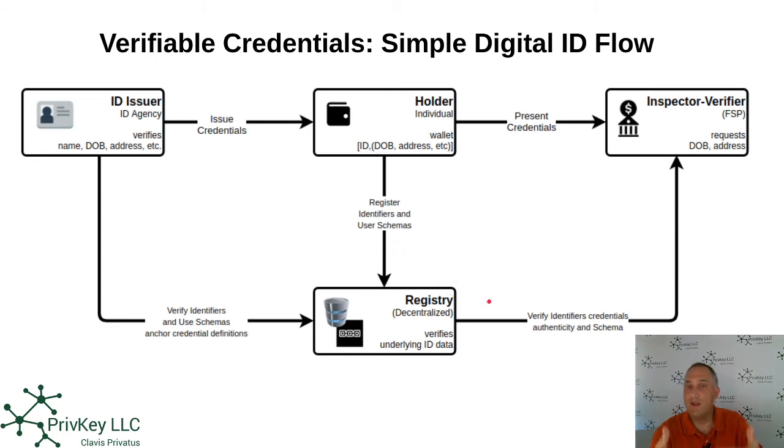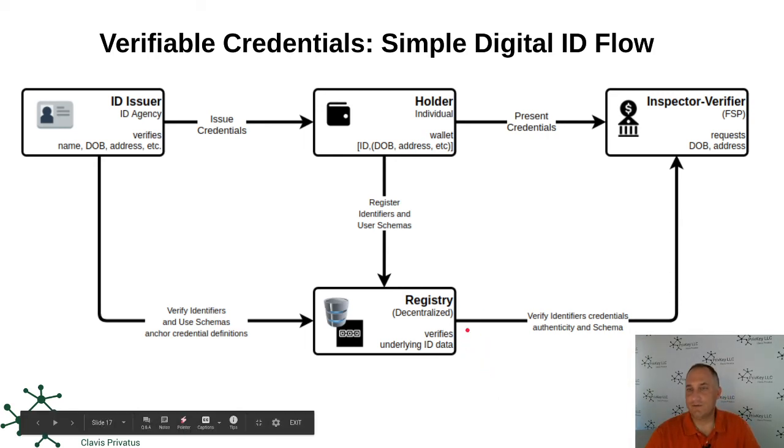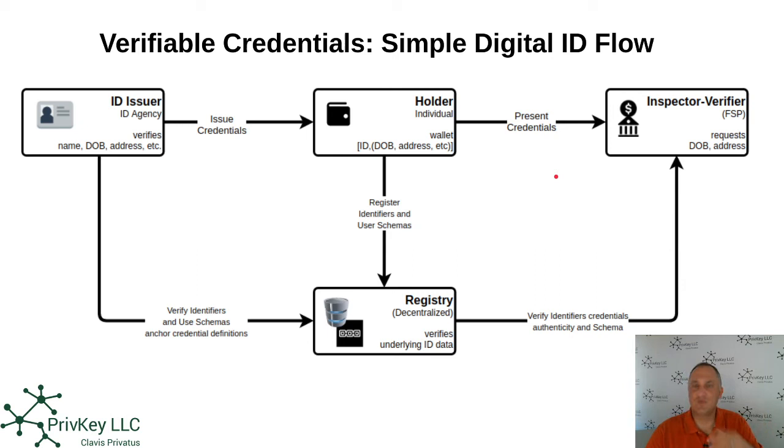Only the true holder will be able to sign that document with their secret keys and result in a signature that they can compare against what's registered. And once they compare the two signatures and they're correct, they will open the account. So this is an example of a simple digital flow.